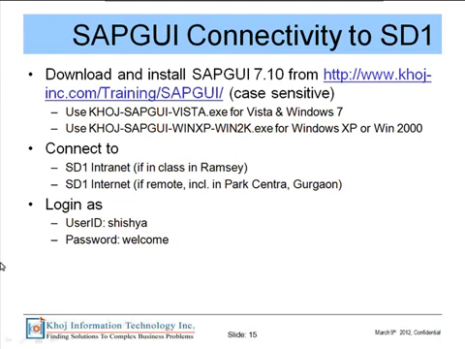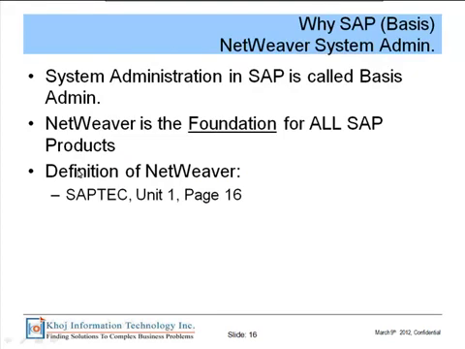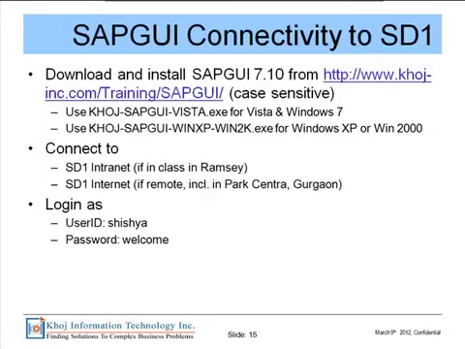Password is welcome. So I would like both of you to connect to the SD1 system on SAP GUI, and I'll walk you through it. And people who are remote would connect through the SAP GUI as well, which they should have downloaded.